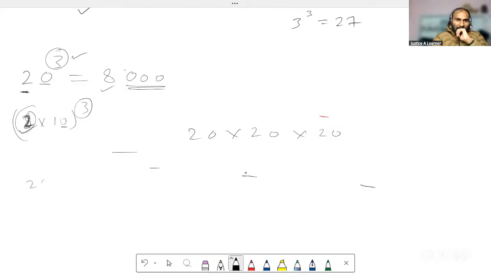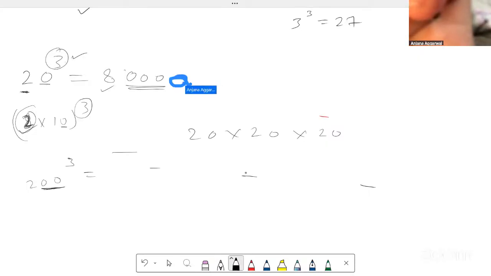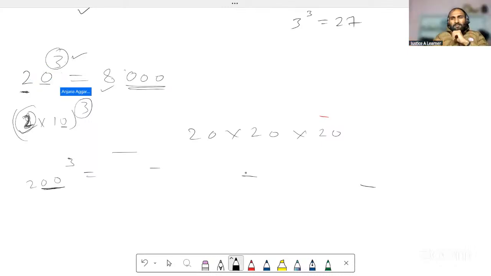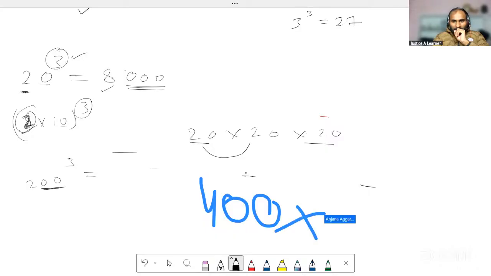For example, if I'm writing 200 and then cube, how many zeros are there? What about this zero? You just multiply it first. 2 to the 4, and this is 400, right? And then 4 to the 8.